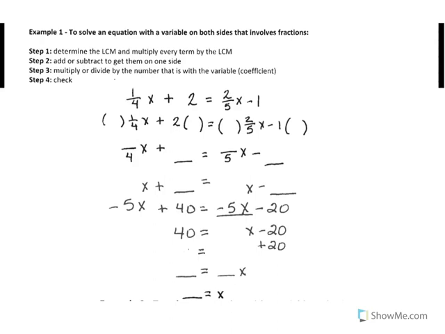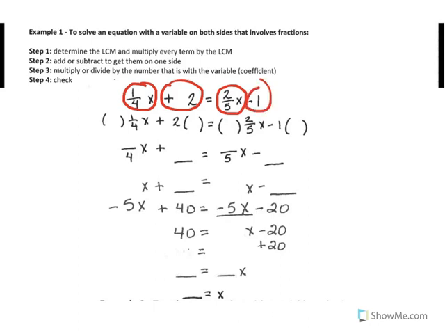Let's also look at the vocabulary term. What is meant by term is that each piece in an expression or equation is called a term. So for example, 1/4 x is a term. +2 is a term. 2/5 times x is a term, and -1 is a term.